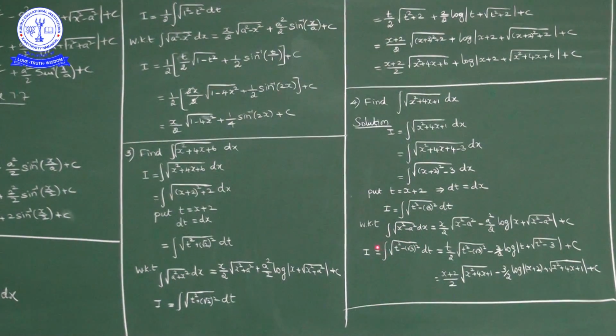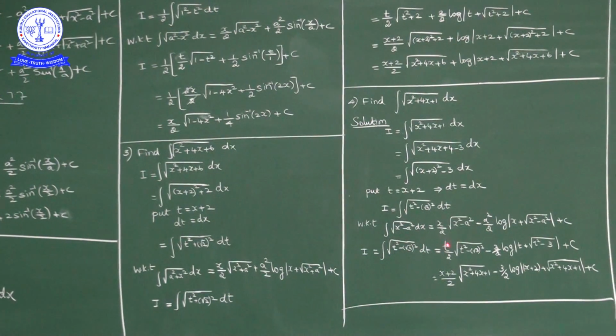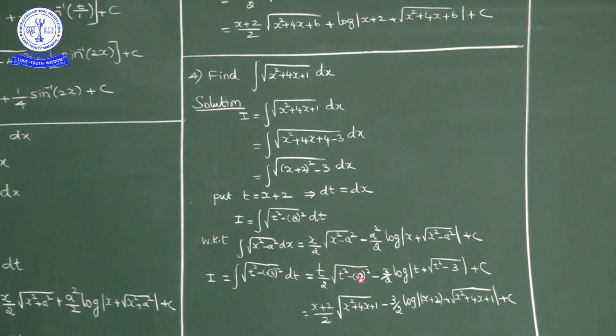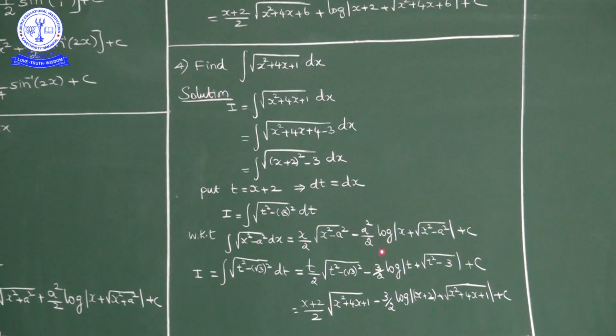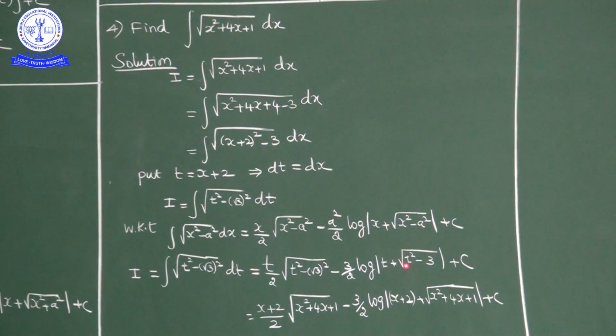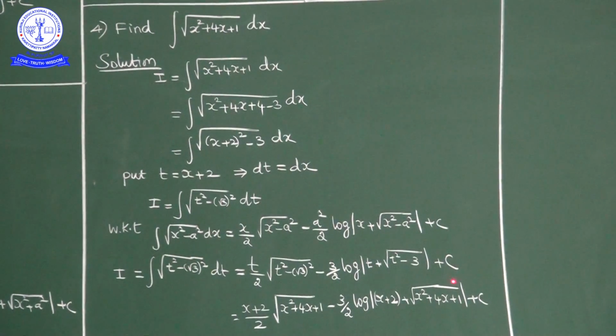So this one reduces to I is equal to integral square root of t square minus root 3 square dt is equal to t by 2 into square root of t square minus root 3 whole square minus a square, which is 3, so 3 by 2 into log mod t plus square root of t square minus 3 plus c.